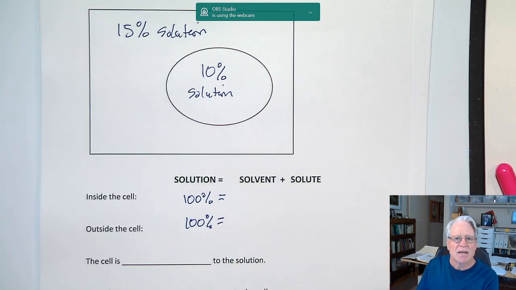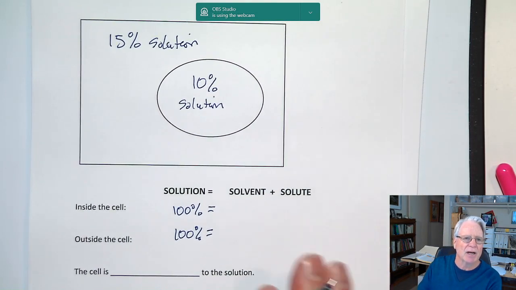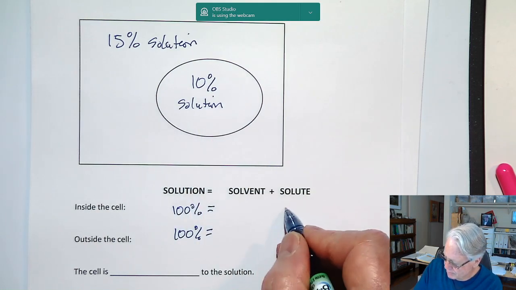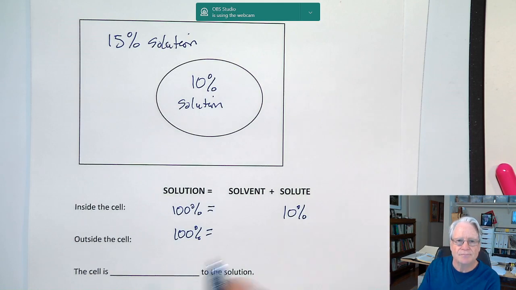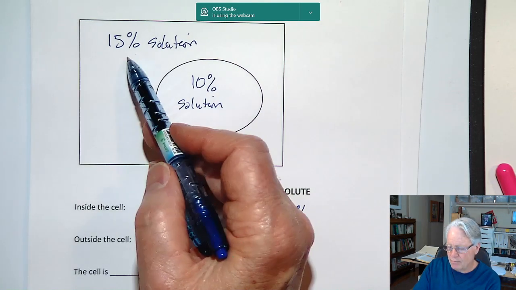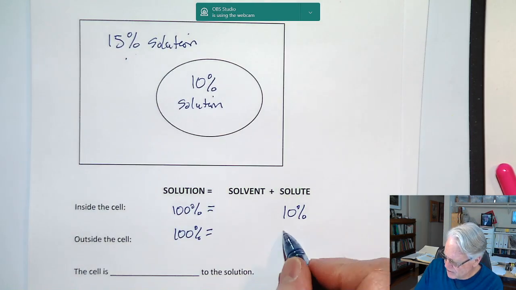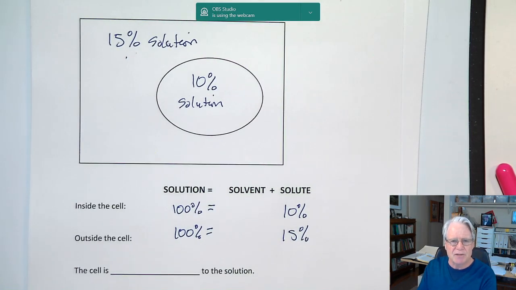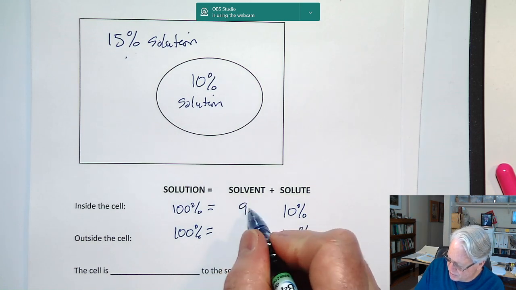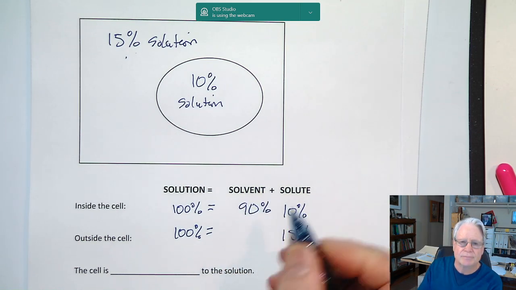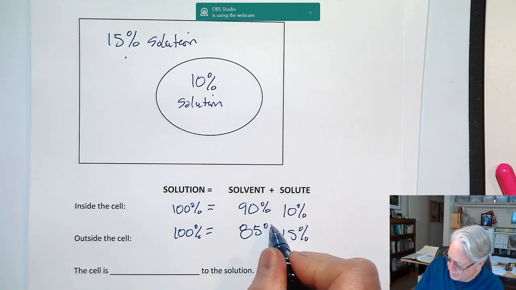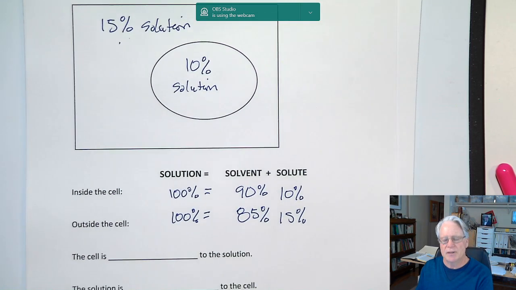All right. And let's fill in the numbers. So inside the cell, we have 10%. Outside the cell, we have 15%. Now we just solve for the equation. And this gives me 90%, right? This gives me 85%. Okay.